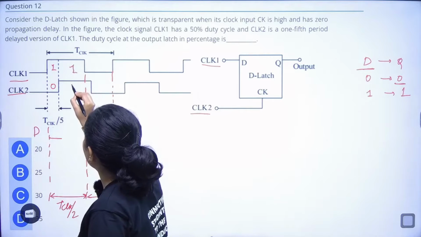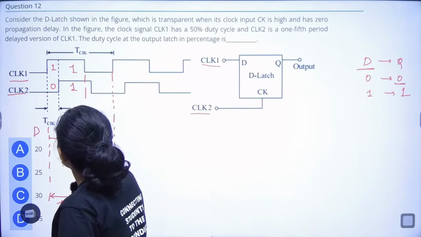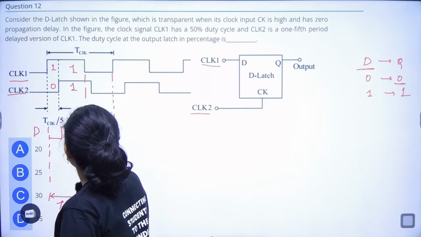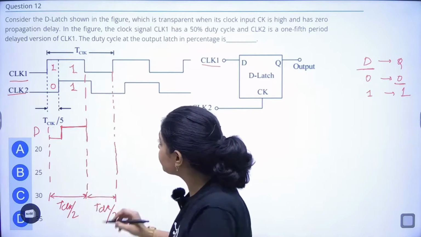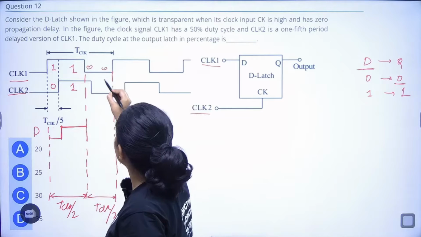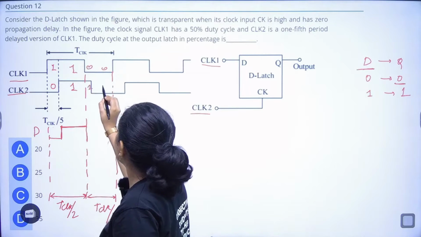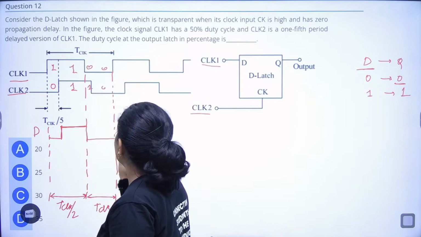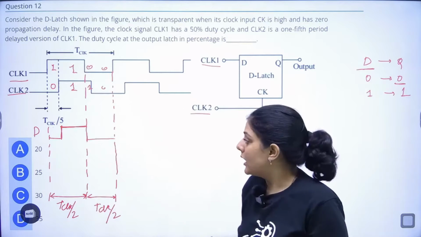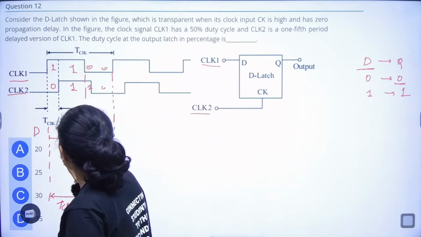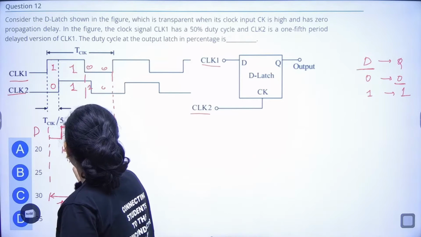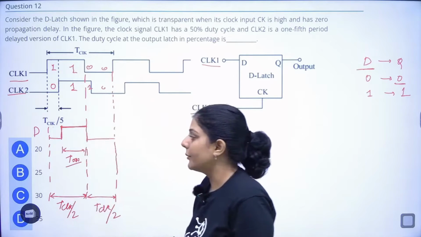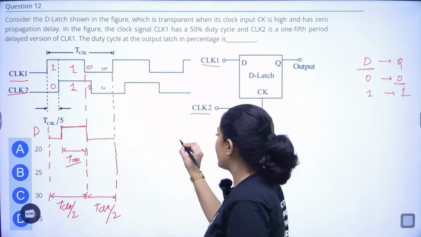This is 1 here, this is also 1. In this case, the output given will be equal to 1. Here 0, 0, no matter if it is 1 or 0, the output will be equal to 0. So only in this state, it is on. Okay, so we have to find out the duty cycle.